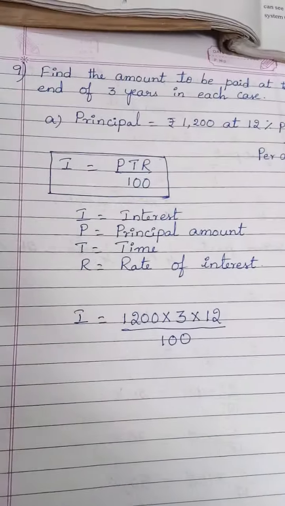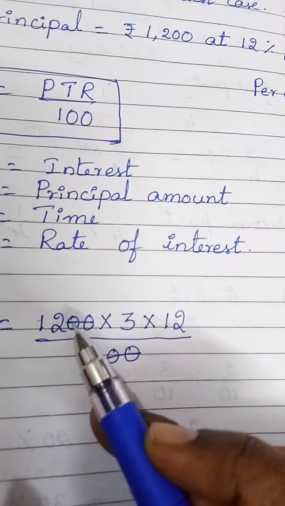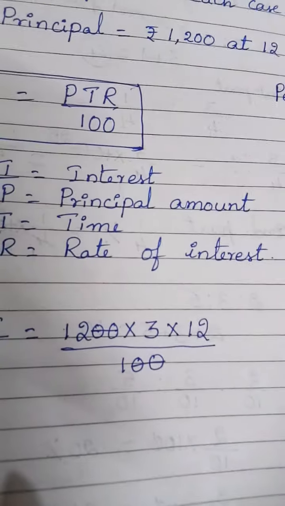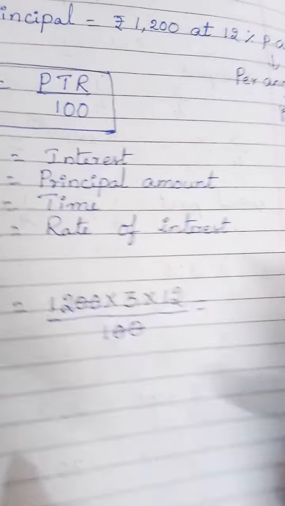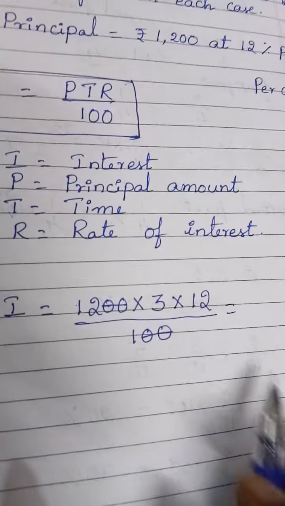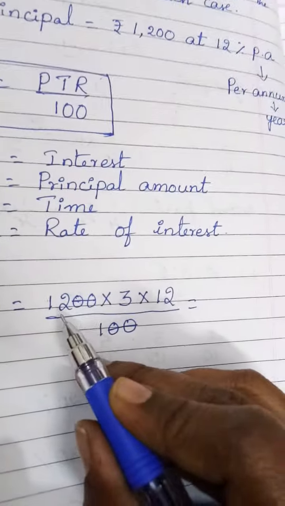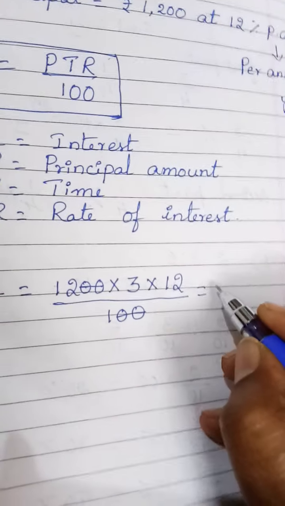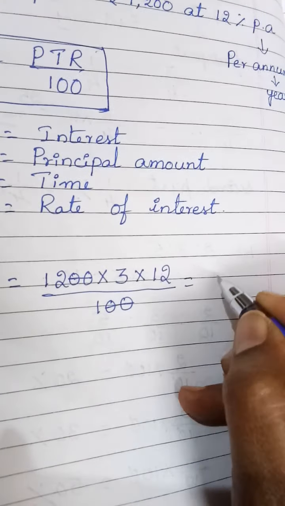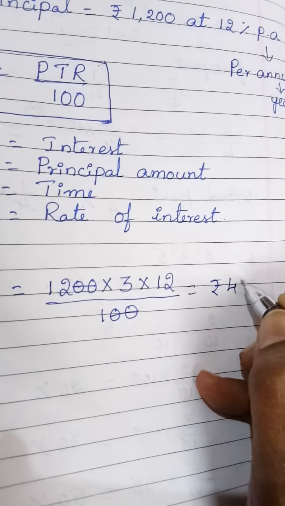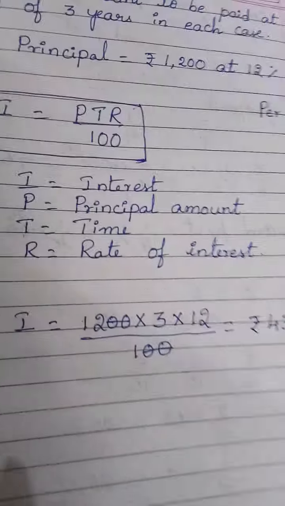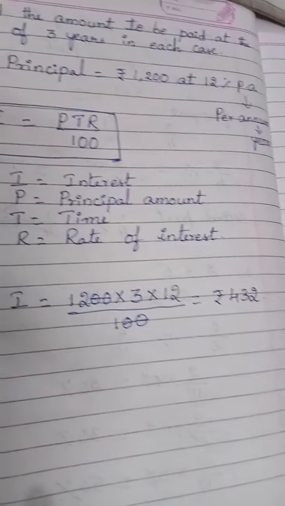Do the cancellation. Here the 2 zeros and 2 zeros get cancelled. So multiply everything. First 12 12s are 144, and 144 3s are rupees 432. This is the interest amount.